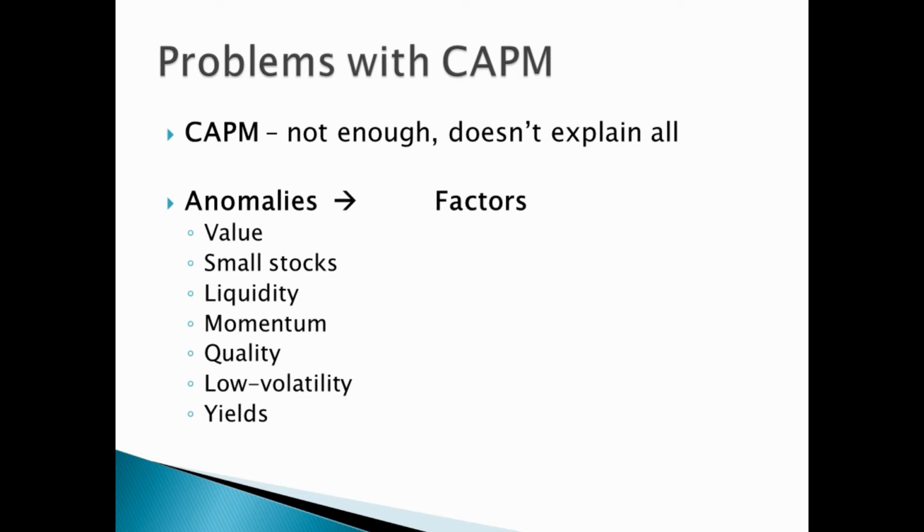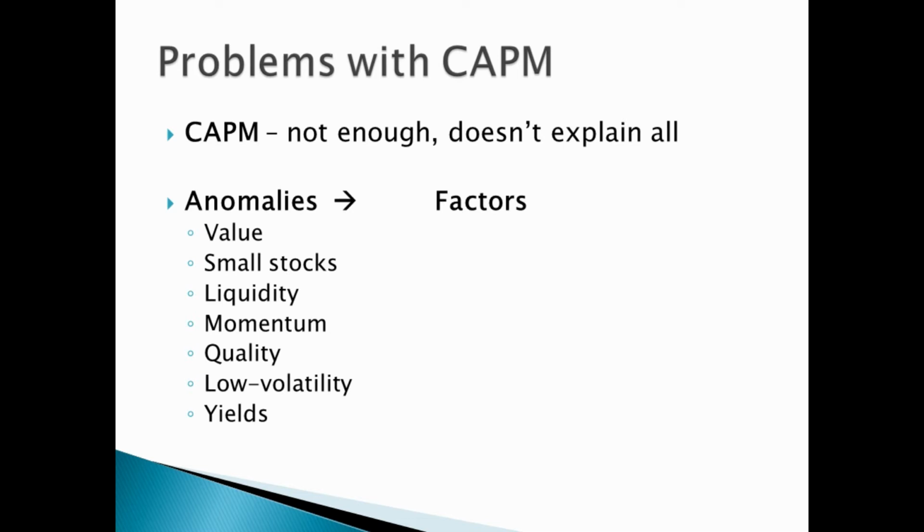That doesn't explain everything. So over the years, academics researched this and came up with a number of what they referred to as anomalies, things that are not quite explained under the capital asset pricing model, things that work, but the model would suggest they shouldn't work. It's sort of like the bumblebee who's not supposed to be able to fly, yet he flies.